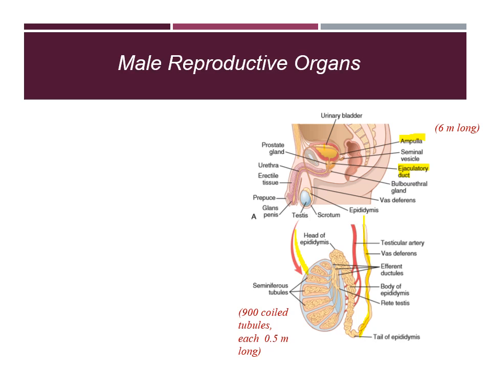Now also there are two seminal vesicles which empty their secretions into the ejaculatory duct just before it enters the prostate, the body of the prostate gland, which also empties its content into the ejaculatory duct.